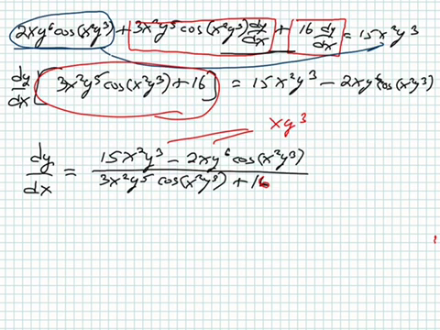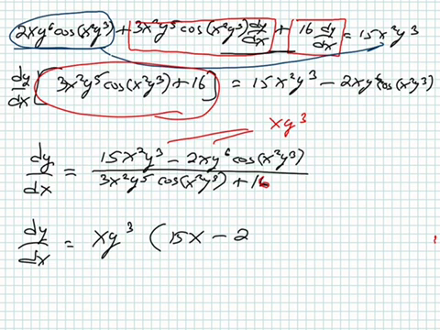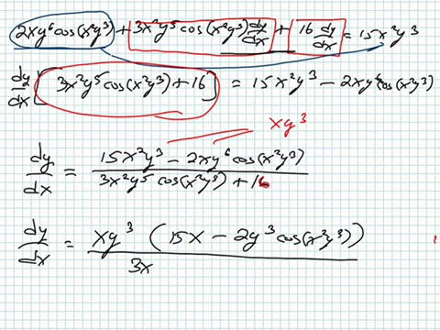So if I do so, then I get dy dx is equal to, I'm going to factor out an x y cubed on the top, and so that leaves me with 15x minus 2y to the third cosine x squared y cubed, all divided by 3x squared y to the fifth cosine of x squared y cubed plus 16.